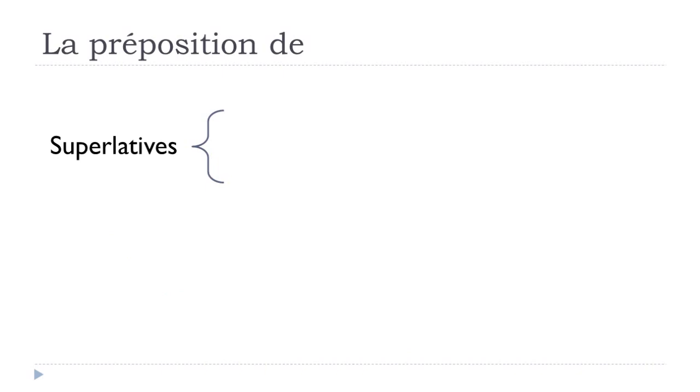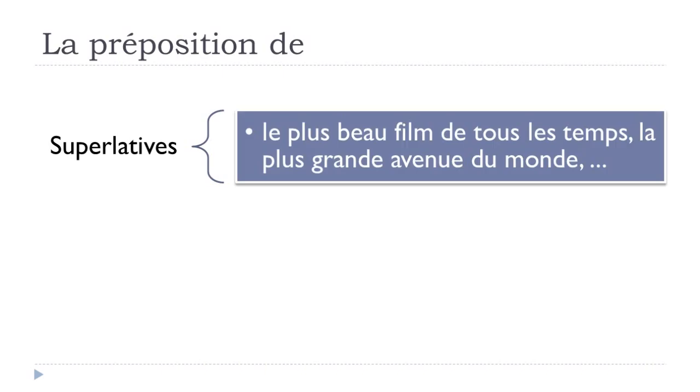Normally we tend to use this préposition de as well when we use superlatives. So for instance here, le plus beau film de tous les temps, of all time. Le plus beau, most beautiful, beau is beautiful, film, movie, de tous les temps, of all times. Le plus beau film de tous les temps.